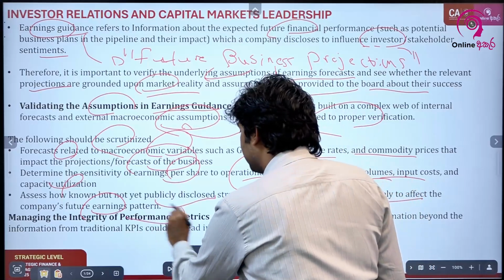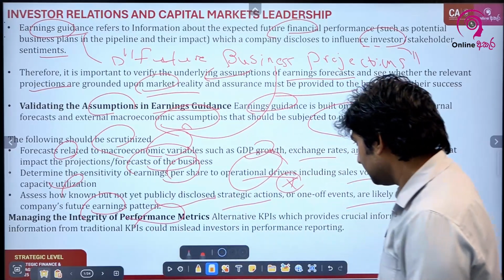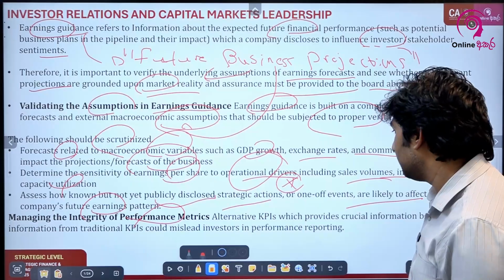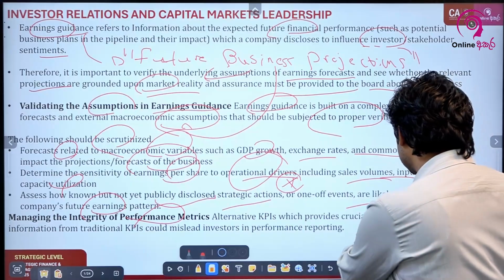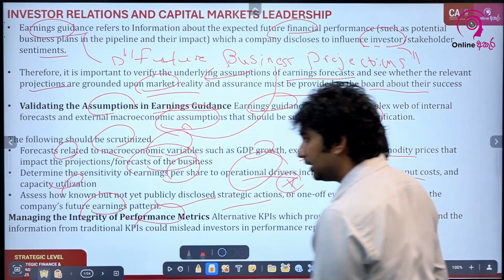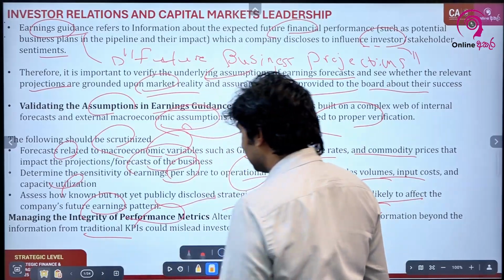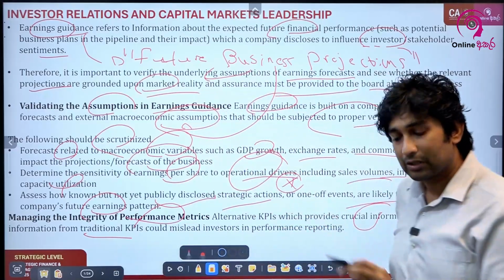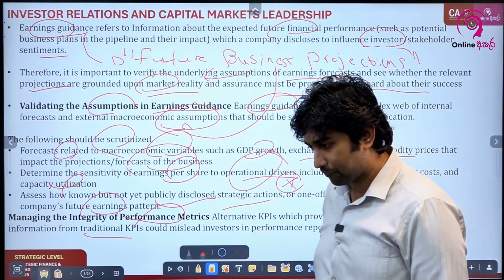Managing the integrity of performance metrics. So there are alternative KPIs that provide crucial information beyond the information from traditional KPIs.